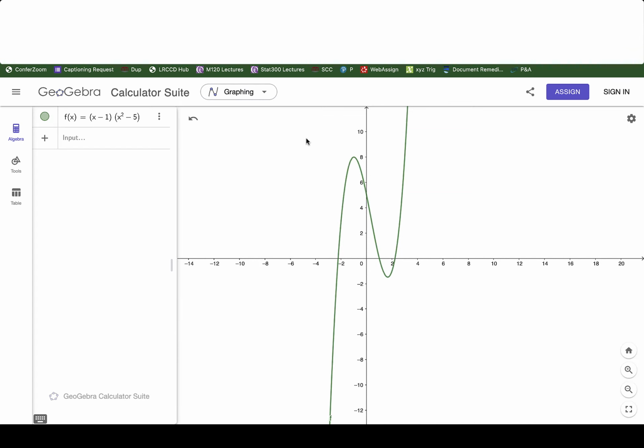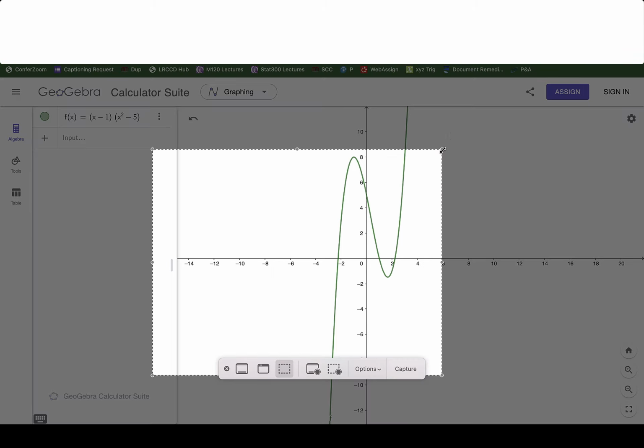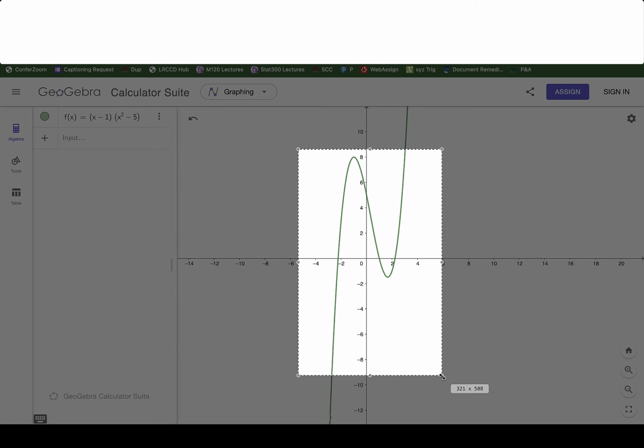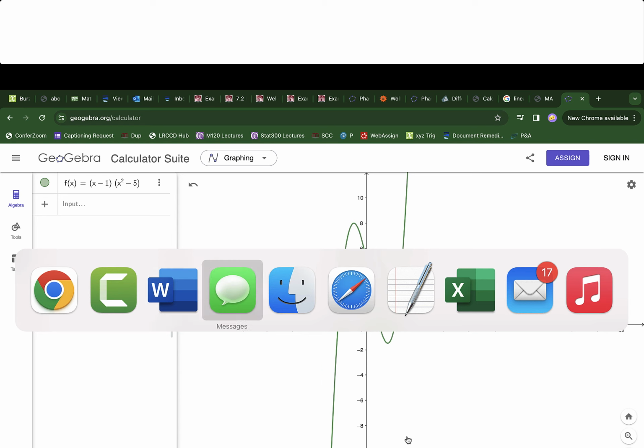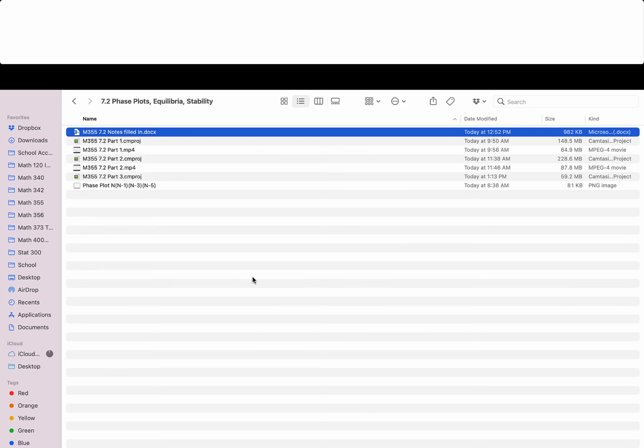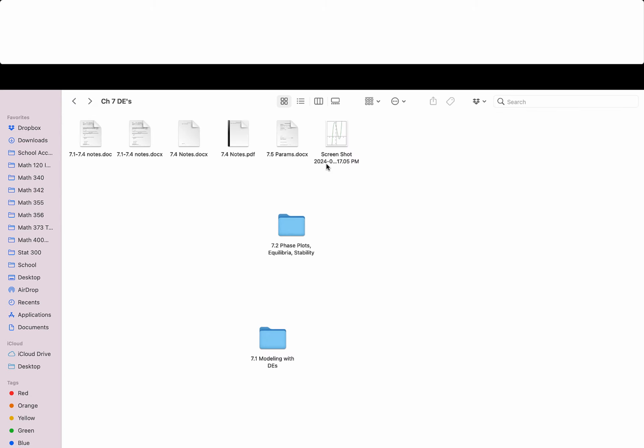I haven't found a way to save the image, so I'm going to do a screenshot. I'm going to go to the folder where I have the screenshot, and I'm going to give it a better name because I'm ending up with an awful lot of these phase plots in my chapter 7 folder.